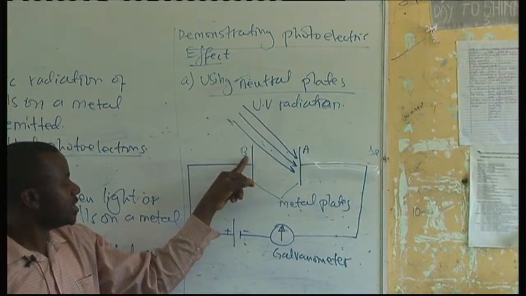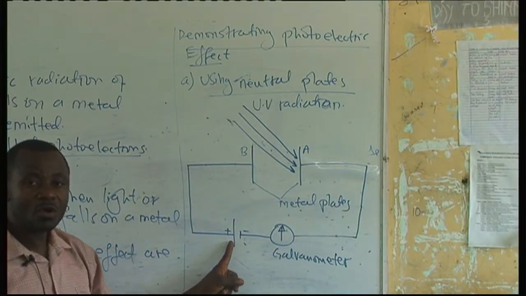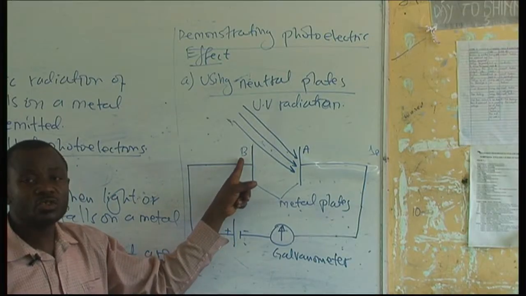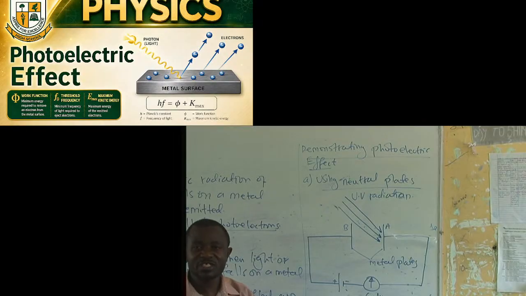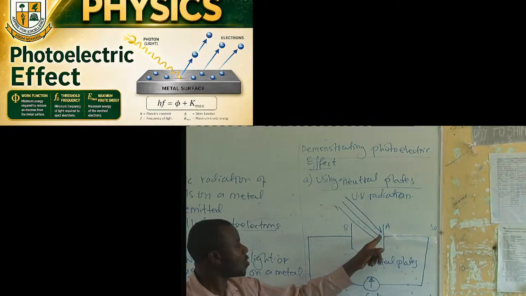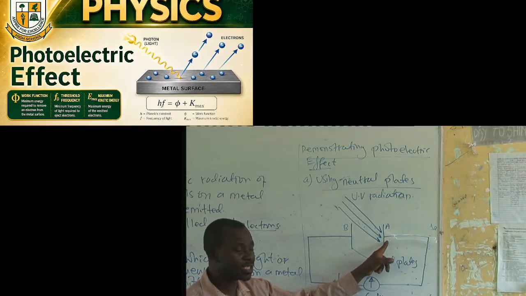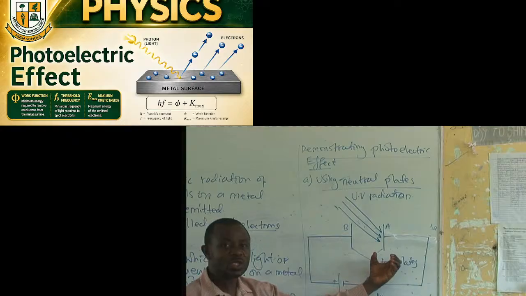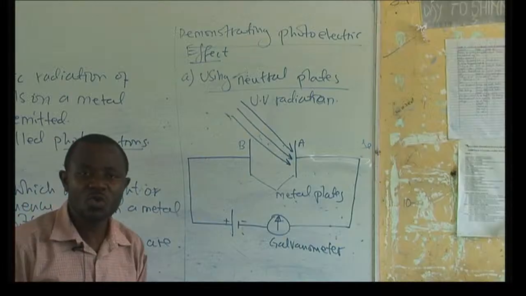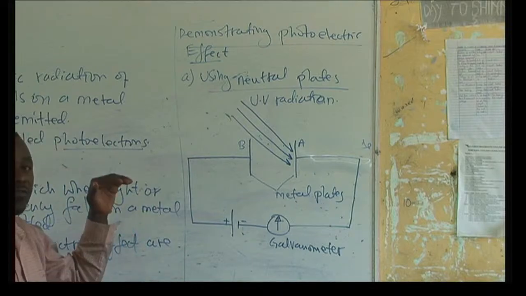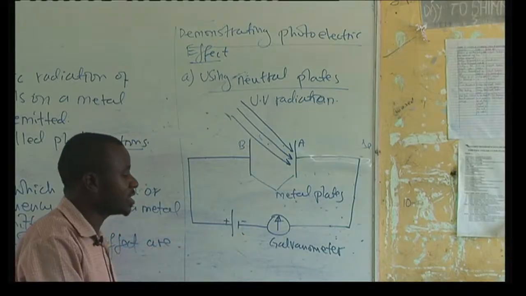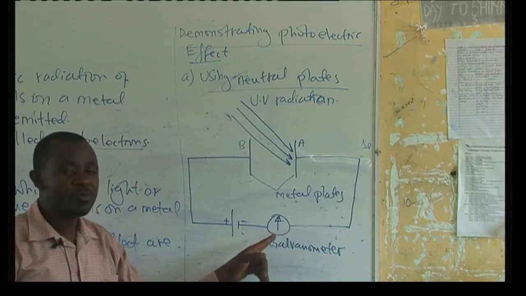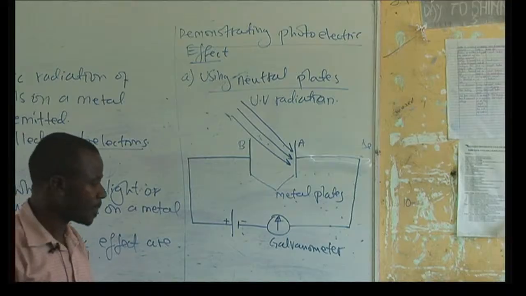Now plate B is connected to the positive terminal of the cell, and therefore it is taken to be positive. Remember, class, that electrons are negatively charged, and therefore when they are emitted from plate A, which is negative, they will be attracted towards metal plate B as they flow. That current, we call it photocurrent.